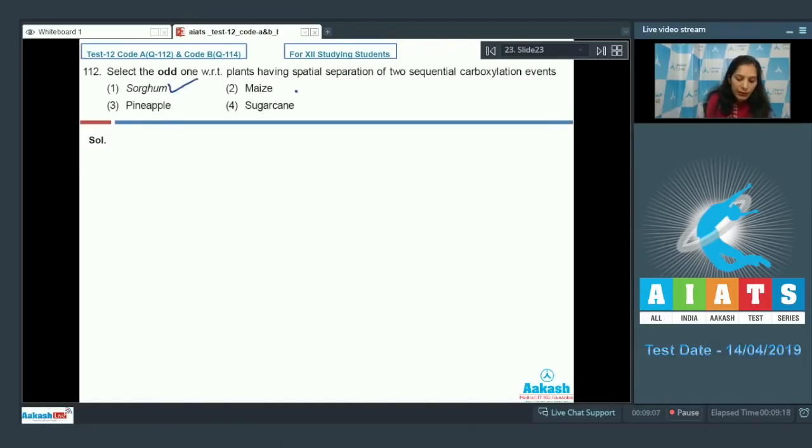So sorghum, maize and sugarcane all are C4 plants and all have spatial separation, but pineapple is a CAM plant in which double carboxylation takes place in the same compartment, that is the mesophyll cells, so there is no spatial separation. So the correct option for the given question is option number 3. Let's move to the next question.